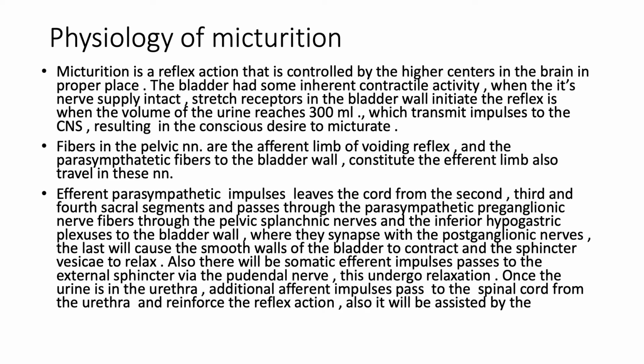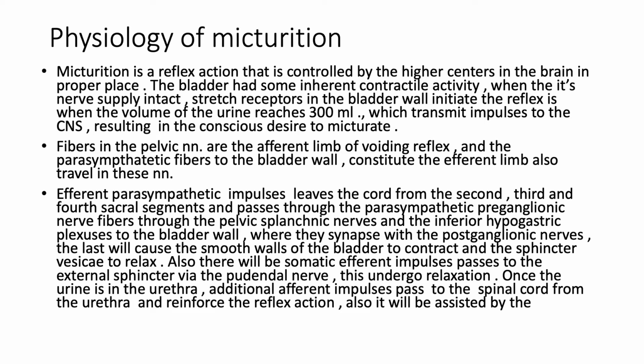We said that we have efferent and afferent fibers. Both of them pass from the bladder wall via the splanchnic nerves and the second, third, and fourth sacral nerves to the cord, to the higher centers, and from the higher centers to the cord, to the sacral nerves, and to the splanchnic nerves to the bladder wall.